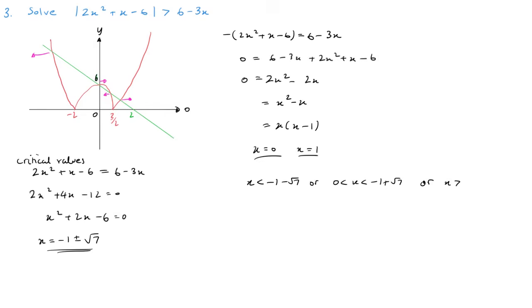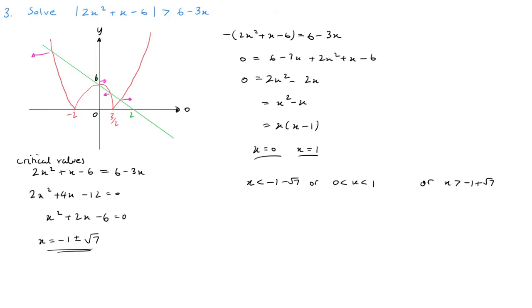That's not that one, is it? It's between 0 and 1, and then it's greater than minus 1 plus root 7, because these were the two outside ones, and the 0 and 1 were here. So those are my three regions there. That is question 3 complete.